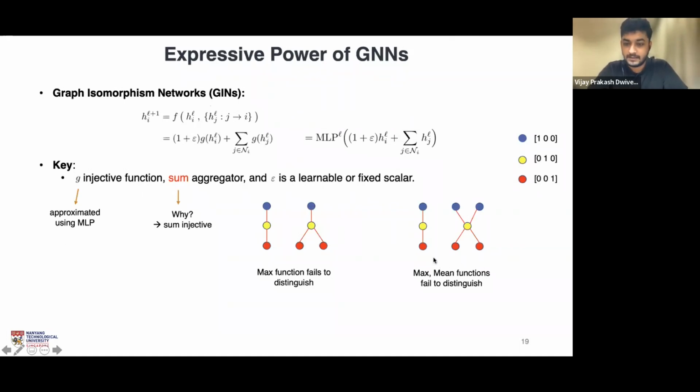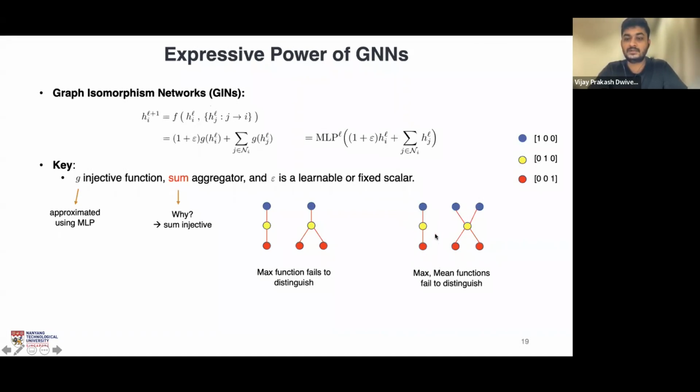Similarly, in the second example, we have again two graphs where yellow is the node that receives messages. In this case, the max fails as well, and also the average operation fails. Average neighborhood aggregation also fails to distinguish, because the average of one blue and the average of two blue is the same. The average of one red and the average of two red will also be the same.